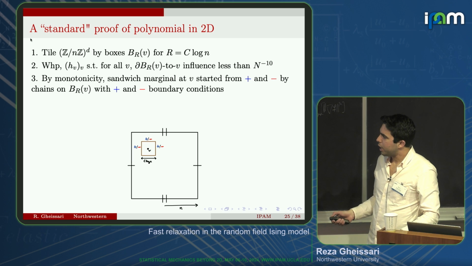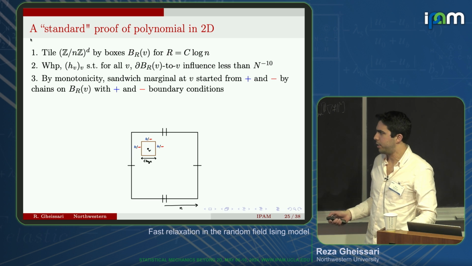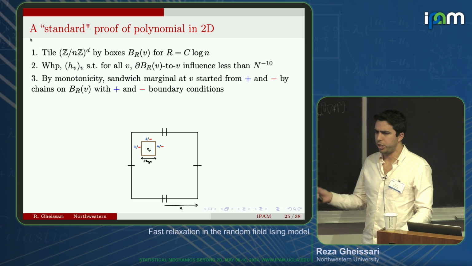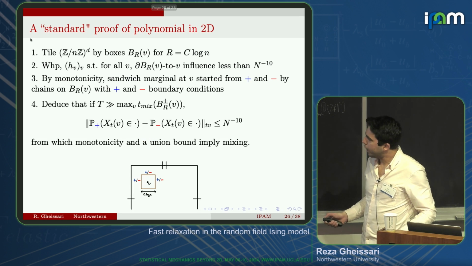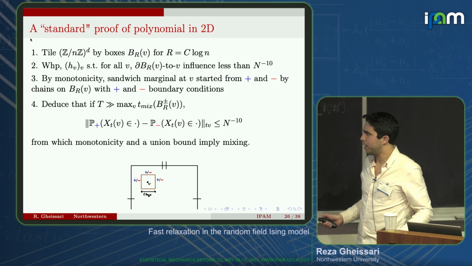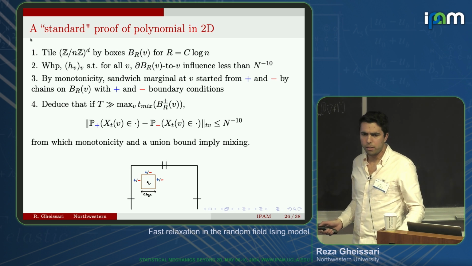And in the mixing time of those boxes, then I've coupled on the middle vertex because the influence decayed exponentially. So I get some exponential in log, which I can union bound over the whole square. So I get that if the time is more than the worst mixing time of any one of these tiles, then my total variation is less than n to the minus 10, and I can do a union bound.